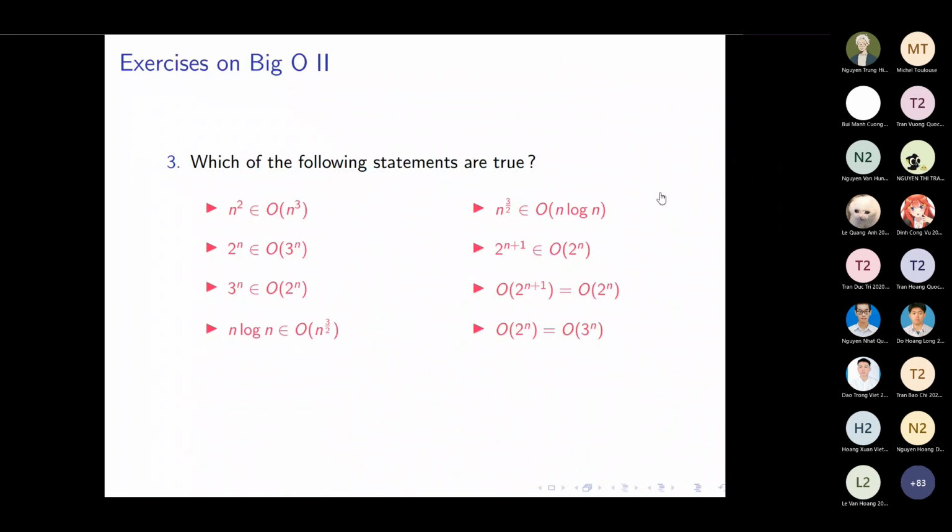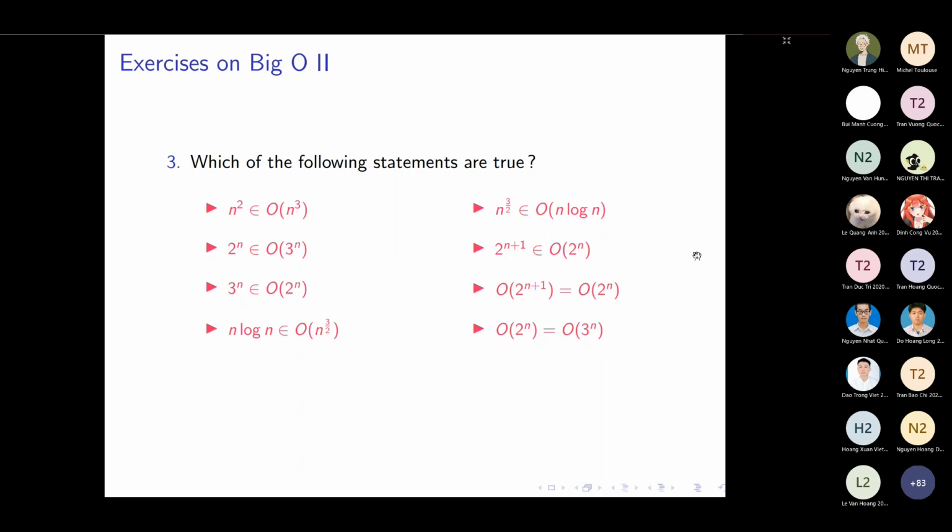Nguyễn Hoàng Tiến. Yes. For question E, I think the answer is false, and I will send you my proof in the message chat. For question F, I think the answer is true because 2 to the power n plus 1 equals 2 times 2 to the power of n, and this belongs to big O of 2 to the power n.